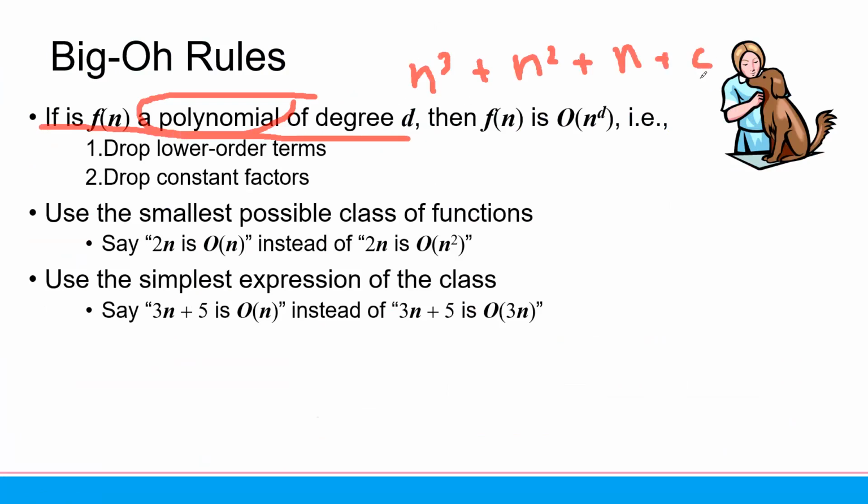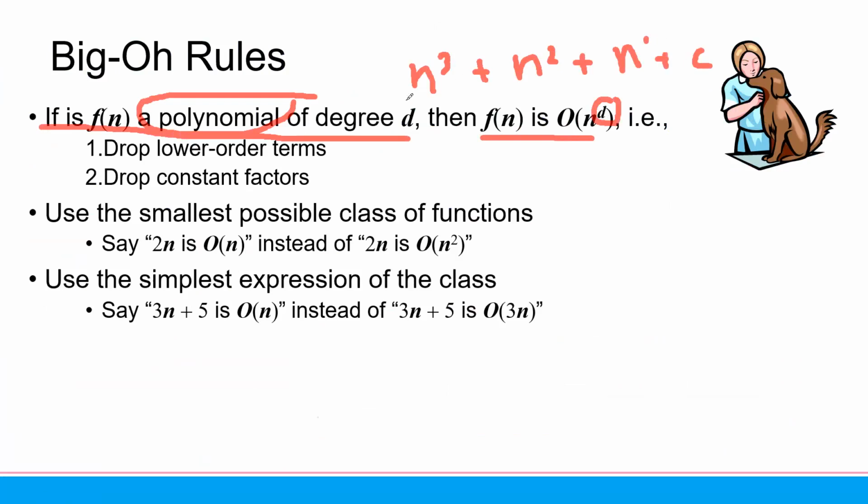So it is a polynomial. Then Fn is O(n^D). D is the degree. It can be 3, it can be 2, it can be 1.